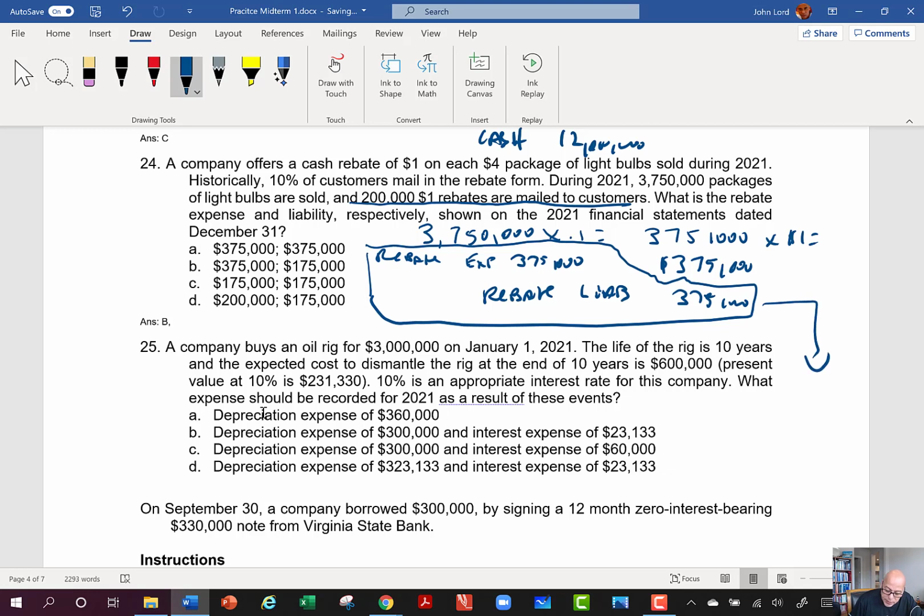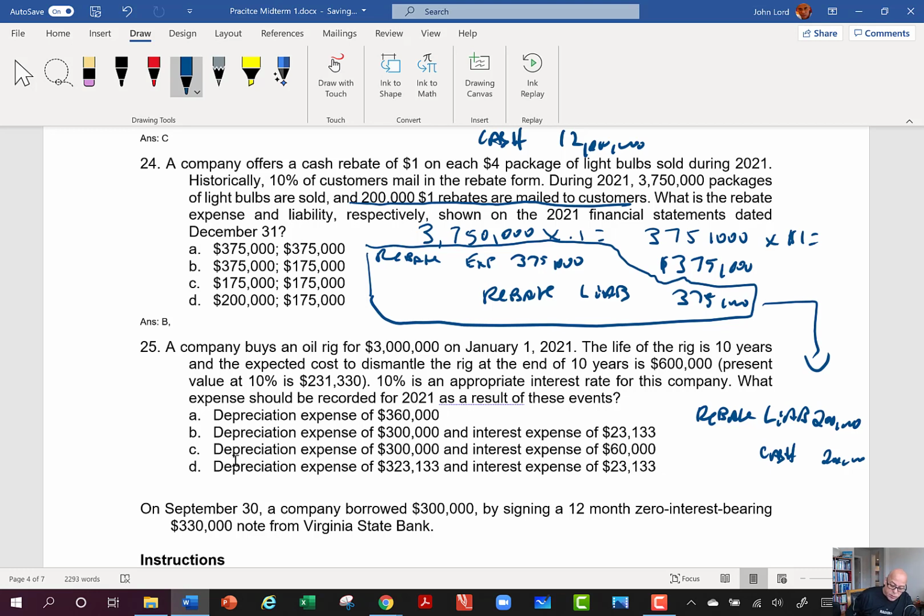They go ahead and they're going to debit rebate liability, $200,000, and credit cash, right? Because they're sending back people money. Not me, because I always throw my thing away, but they're going to go ahead and do that.